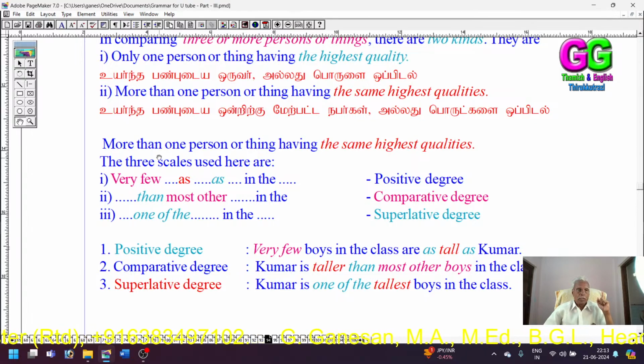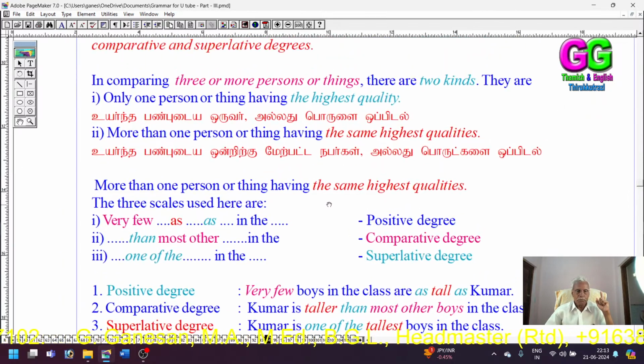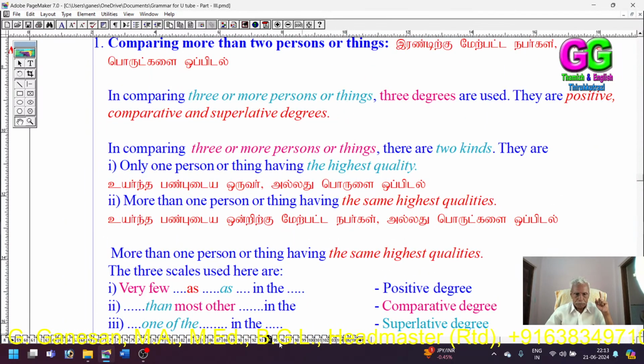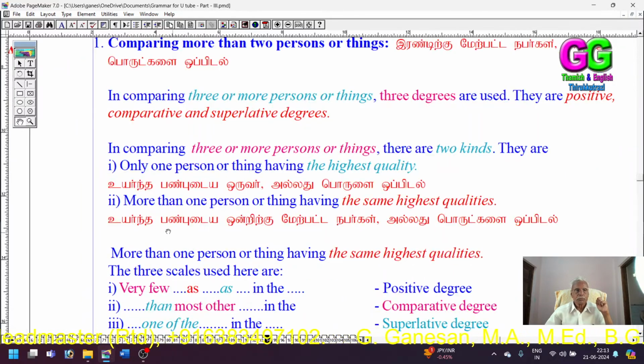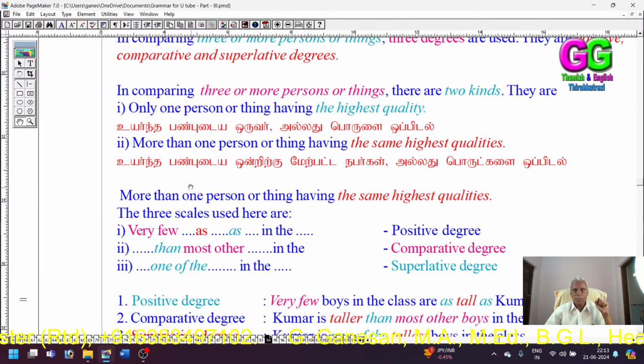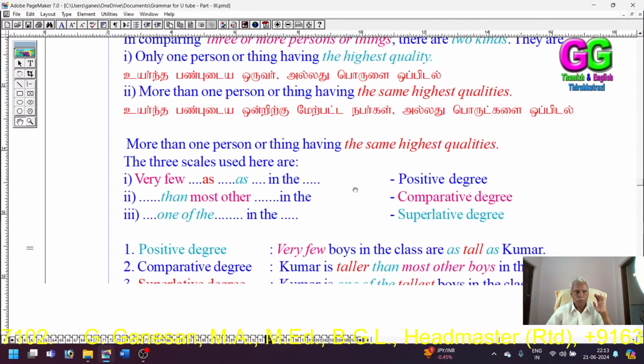See, comparing more than one person or thing having the same highest qualities.